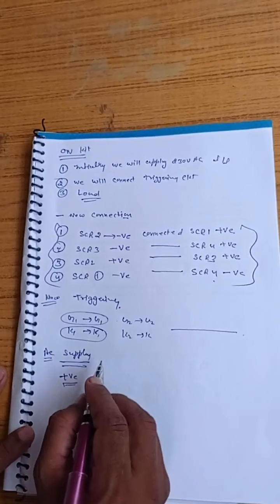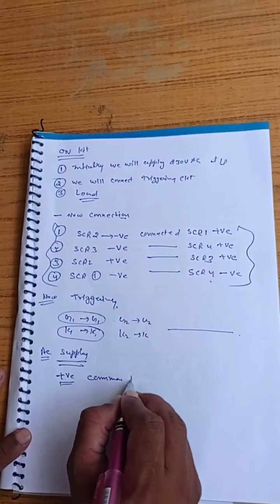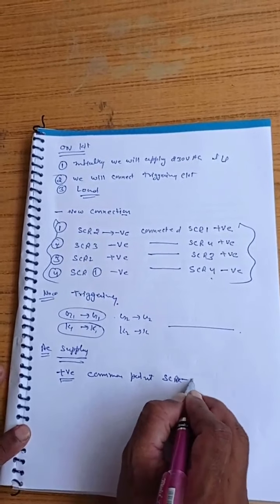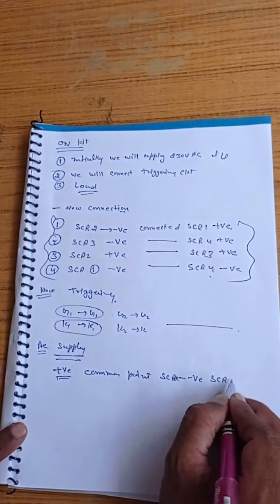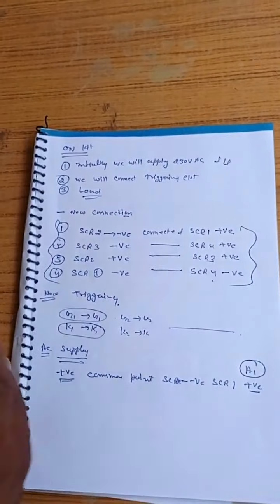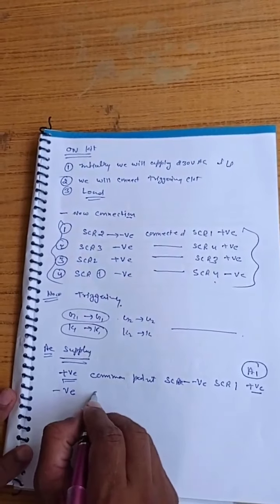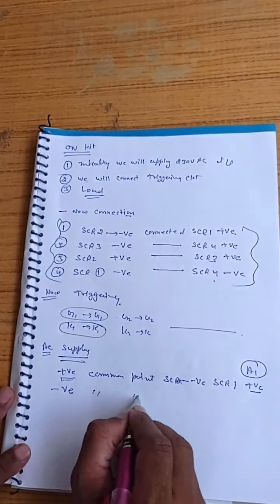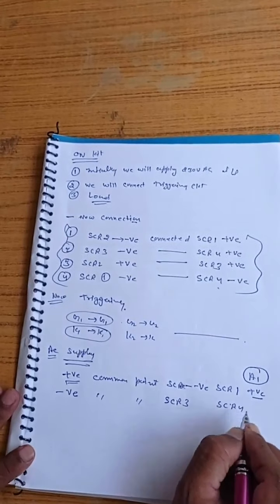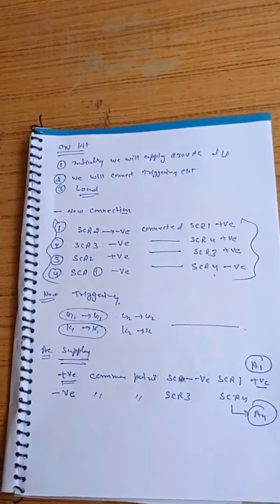The positive terminal is connected to the common point of SCR2 negative and SCR1 positive, as given in the circuit diagram on the kit, point A1. And the negative supply is connected to the common point of SCR3 and SCR4. In the practical you will see that point A4 is where it will be connected.